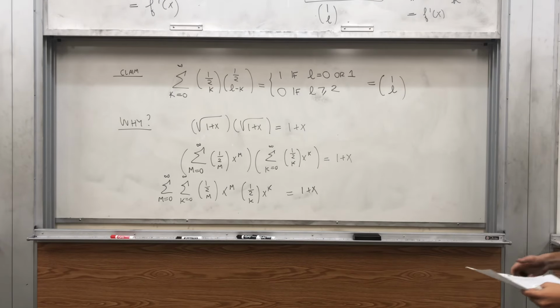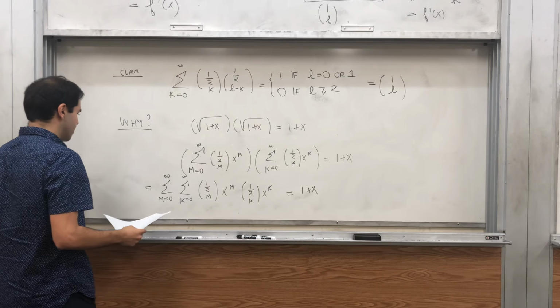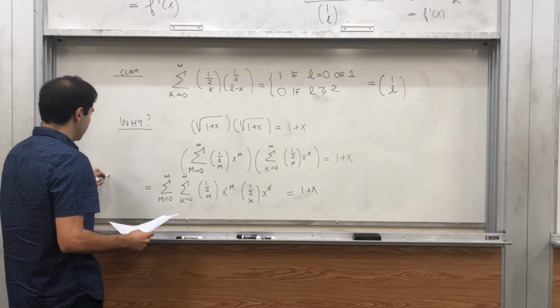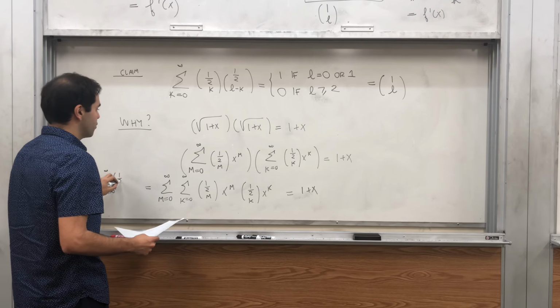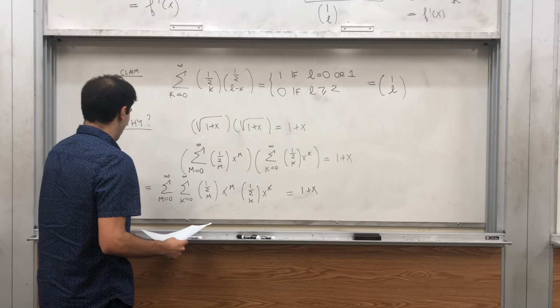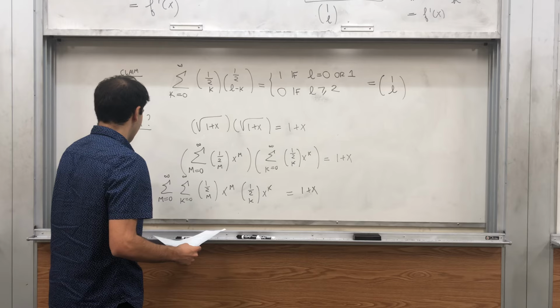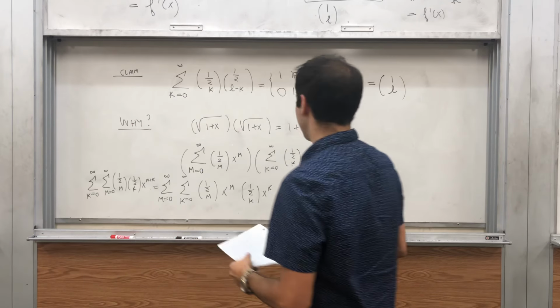Then put everything together, switching the sum, so that is the sum from k from 0 to infinity, sum from m from 0 to infinity of 1/2 choose m, 1/2 choose k, x to the m plus k, equals 1 plus x.